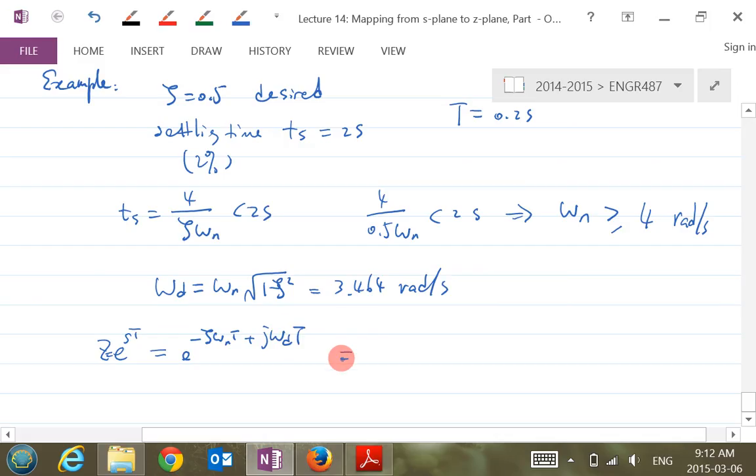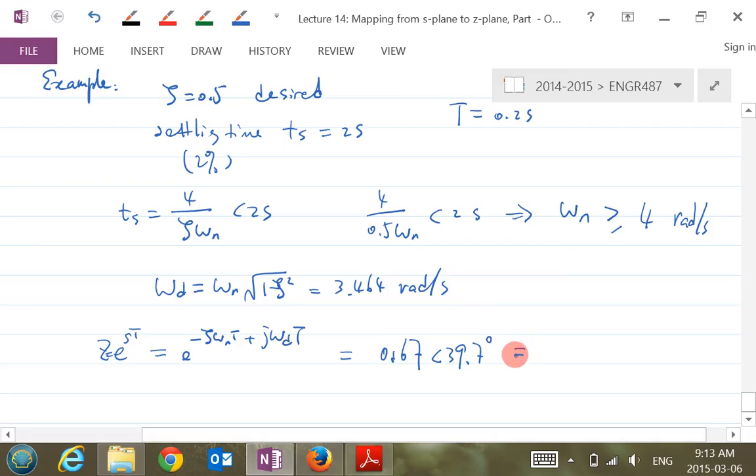You plug in omega d, capital T, zeta, omega n, and we end up with this: 0.67 angle 39.7 degrees.